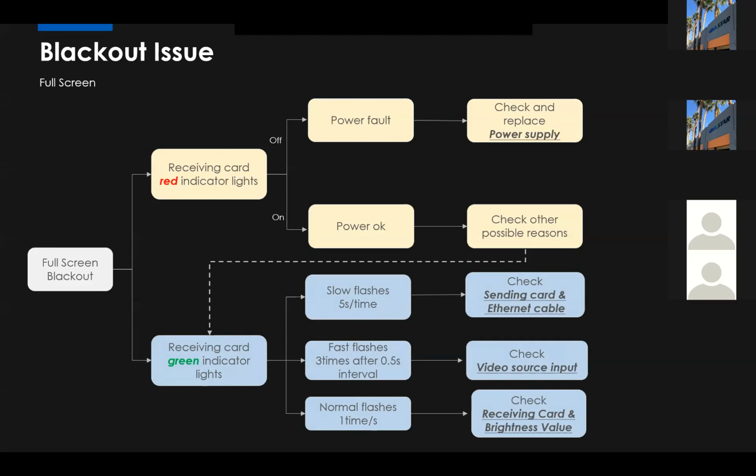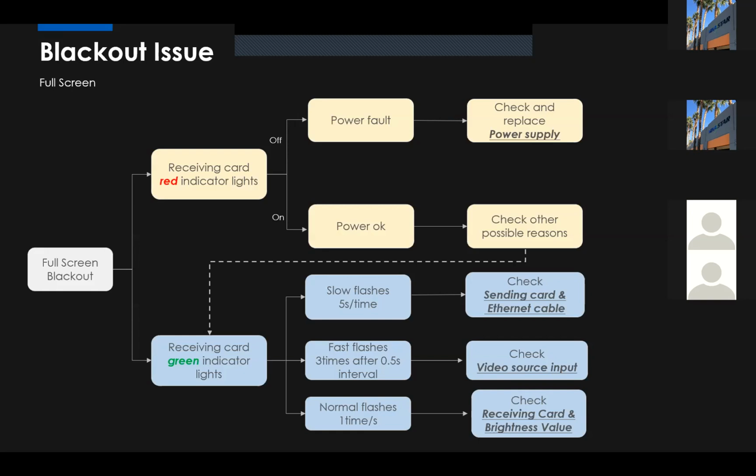But if the screen is still black, let's say the receiving card works properly but the screen is still black, we need to check the receiving card firmware program and the configuration files, that is RCFGX files, and the brightness value. After all these problems have been checked, we can find the corresponding solution so that the black screen problem can be solved.